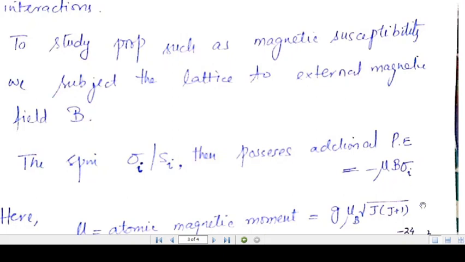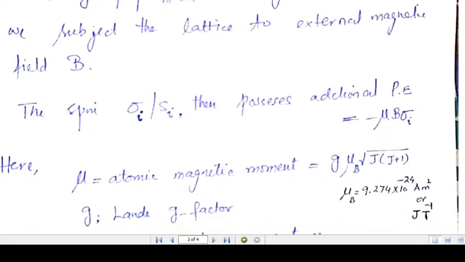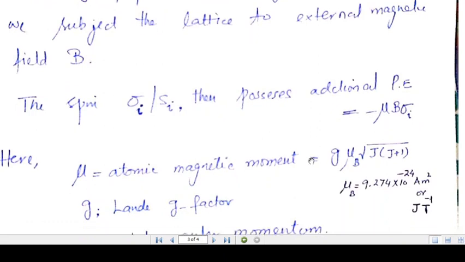Here mu is the magnetic dipole moment, which is given by the formula g mu B j. And from quantum mechanics, we know that the magnitude of j is basically given by the square root of j into j plus 1. And this mu B is known as the Bohr magneton, which has a fixed value of 9.274 into 10 to the minus 24 ampere meter square, or joule per Tesla.